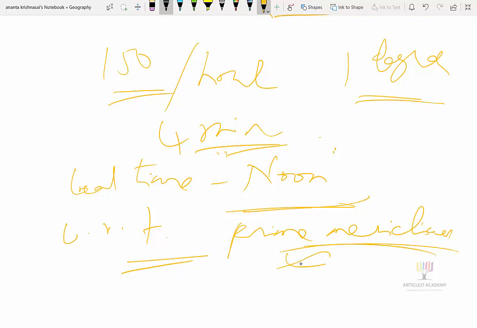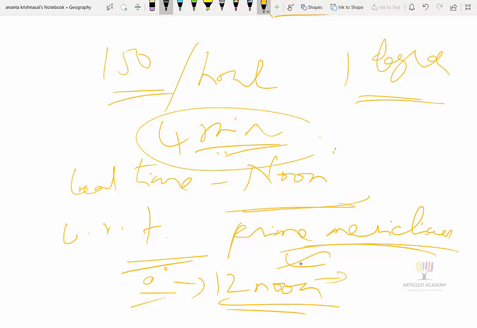Now, if I take into consideration the prime meridian, that is the 0 degree longitude, and if the time there is 12 noon, I will try to calculate the time for each and every longitude moving from there. The immediate next longitude, because of the calculation that we had here, that each and every degree must lead to a change of 4 minutes, if it is lying on the eastern side of the prime meridian, then it will be 12:04 on the east side, and it is 11:56 on the west of the prime meridian.